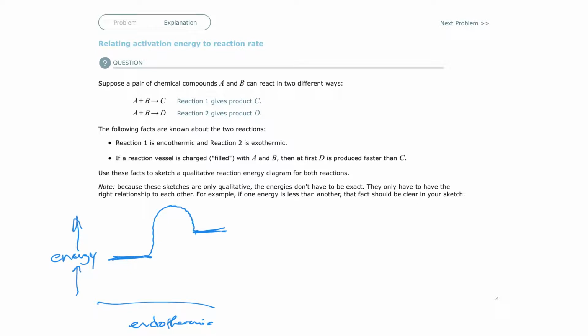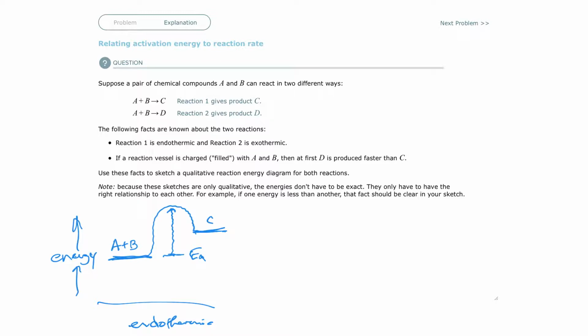And your activation energy would go from the level of where you start to the top. This would be the energy of activation, E sub A, or activation energy. This is your reactants or products. So this is A plus B, and here's your product C, and that's endothermic.